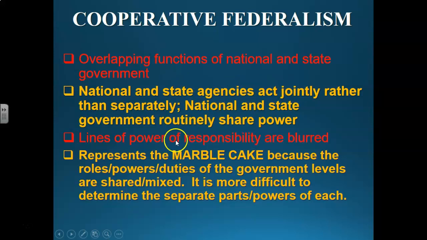Here the lines of power are blurred. This is represented by a marble cake, because if you've ever seen a marble cake, you know that there are swirls of chocolate and vanilla, and it's very hard to determine where one layer is and where another one is, just like it's hard to determine whose job it is, or sometimes it's both of their jobs. That's what we're in right now.